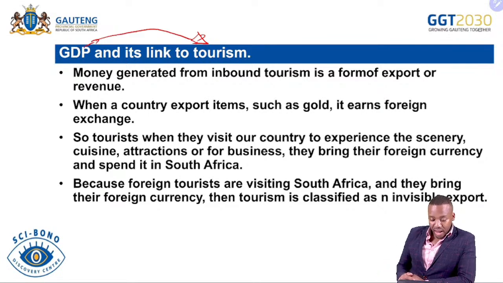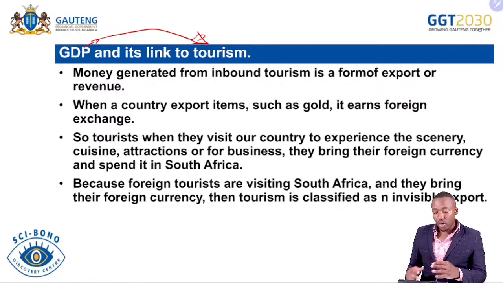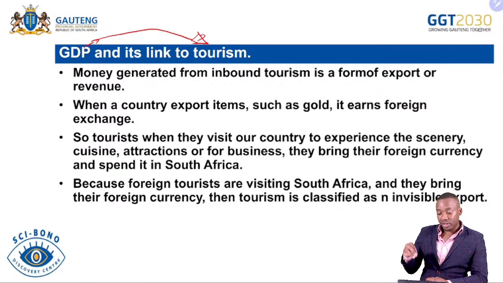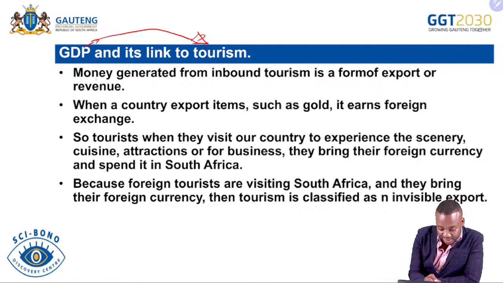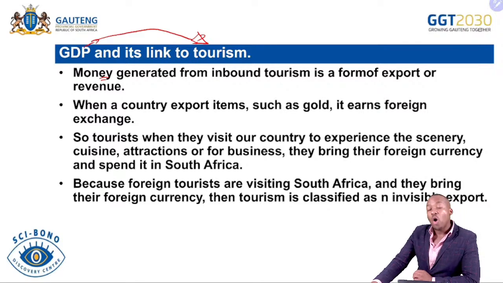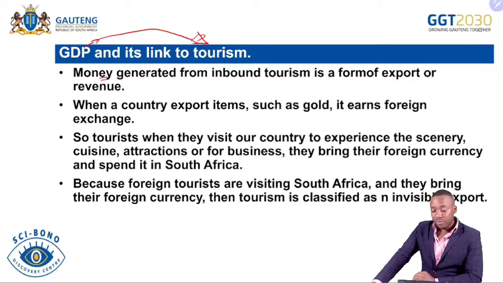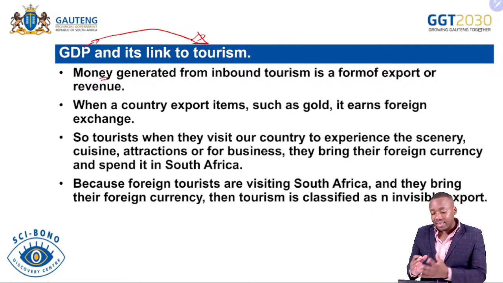The first thing we are saying is that when tourists travel to South Africa from whatever country they come from, the country that they are visiting will generate what? Money, right? The country that the tourists are visiting will generate income from the tourists. How does this happen?